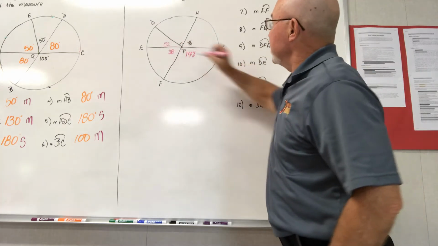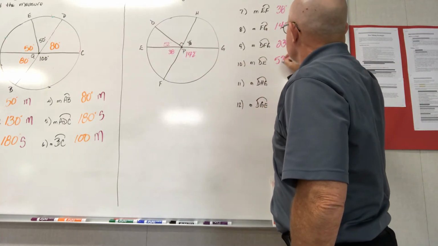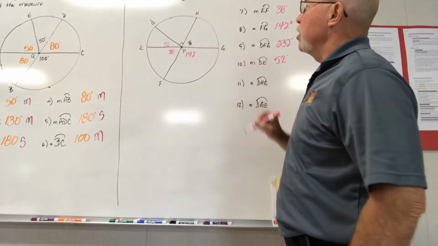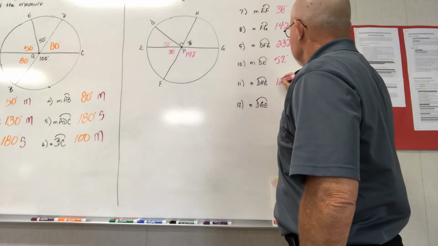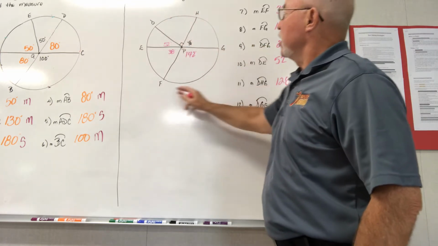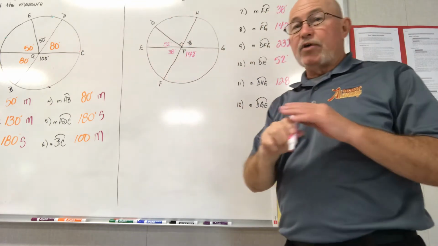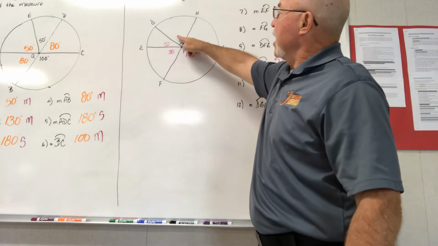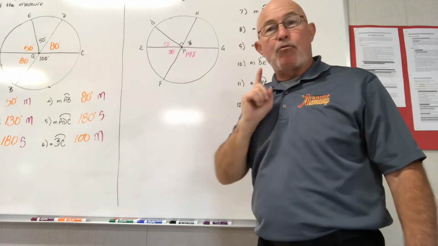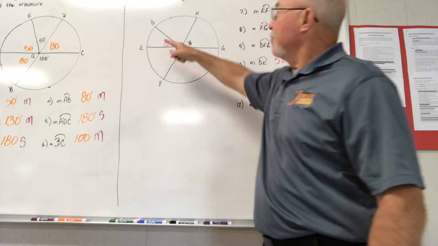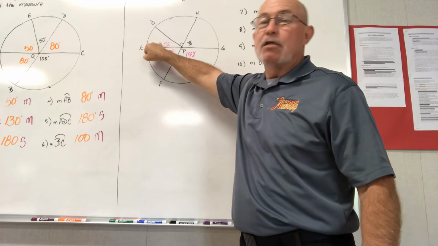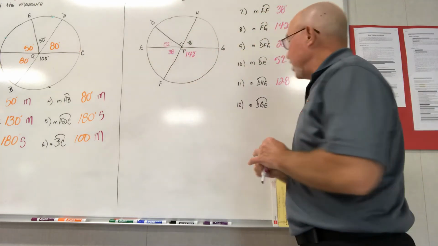DE, DHG, 90 plus 38, and DGE. Look at this, we have two possibilities here. We can add 90 plus 38 plus 142 plus 38, and that will give me the correct answer. The other way, I'm only missing that from the circle, so I can say 360 minus 52. Both will give me the correct answer.